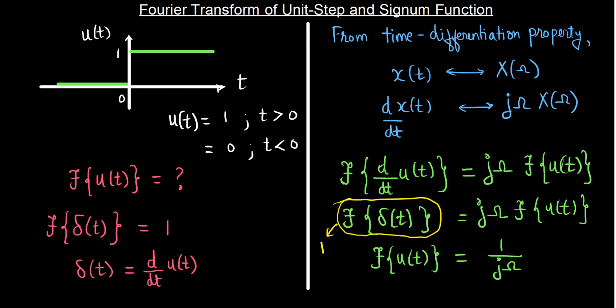Now let's keep this aside. Let's make this equation 1 and keep it aside, and let's be convinced that this may be the Fourier transform of u of t by calculating the Fourier transform of a modified version of u of t. What I'm doing here is taking the same signal u of t, but shifting it by a certain amount.